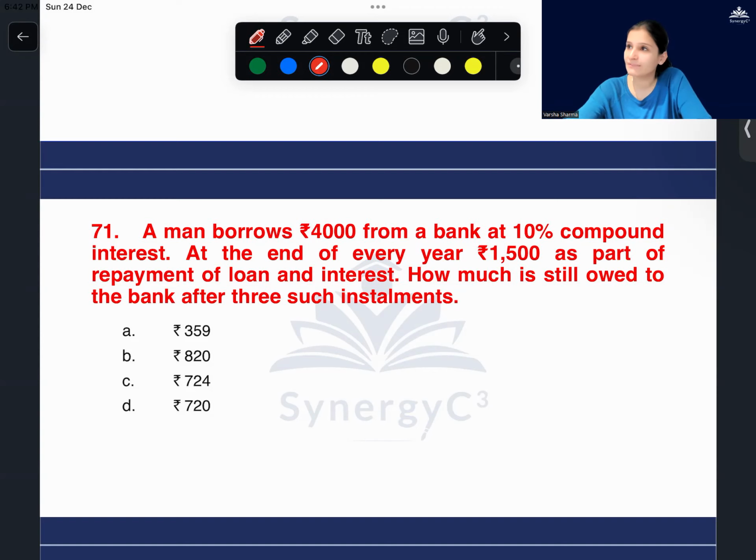Whatever the amount that you have, in that I'm already paying back you 1,500. Whatever is left will be carried forward as my new loan. Then in the second year, again 10% is applied. Whatever becomes my amount, I'm again going to pay back 1,500. Whatever remains will be carried forward for the third year. So no formula, basic interest.